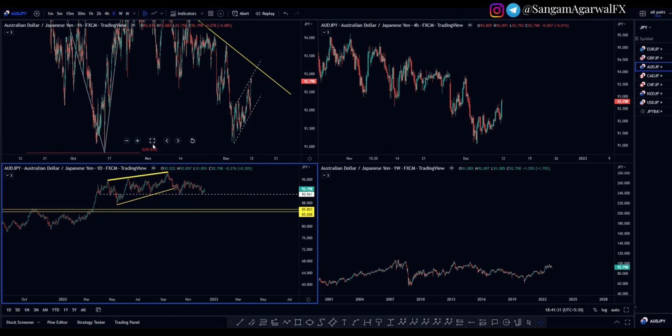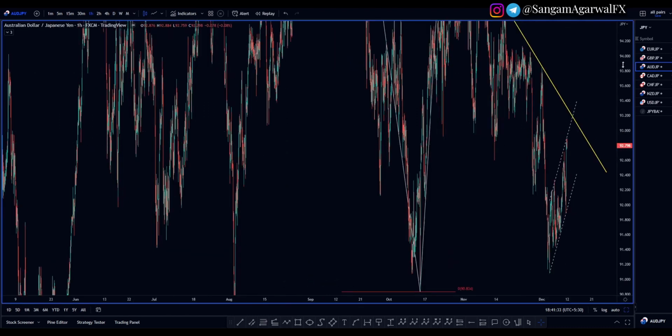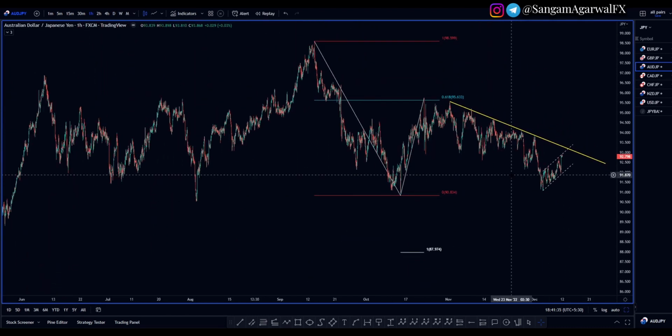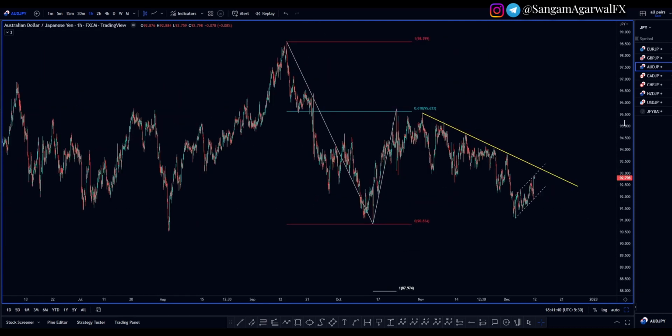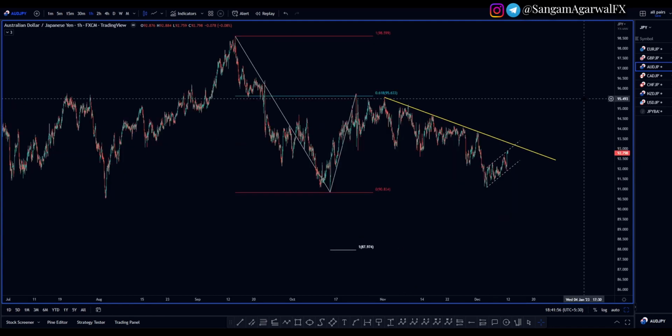And if we switch to the H1 time frame of AUD JPY, then from this last high price first retraced 61%, and after that it is coming down, and if this low breaks, then the next target will be the 100% projection at 18.7.